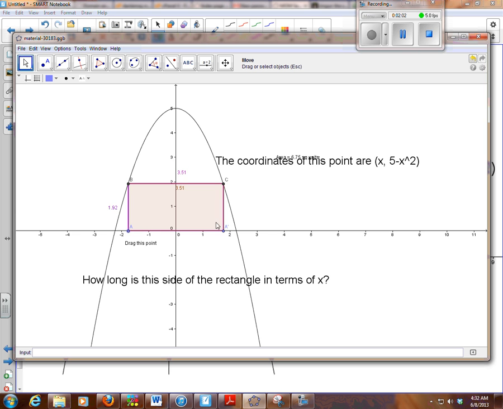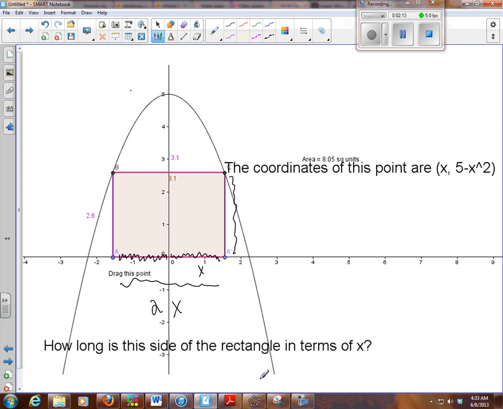The y coordinate changes because you're taking that x value, whatever that x is, and dropping it into the parabola equation, 5 minus x squared. So that's why I said in this note that the y value at this point is 5 minus x squared. And that's what the height of this rectangle is.